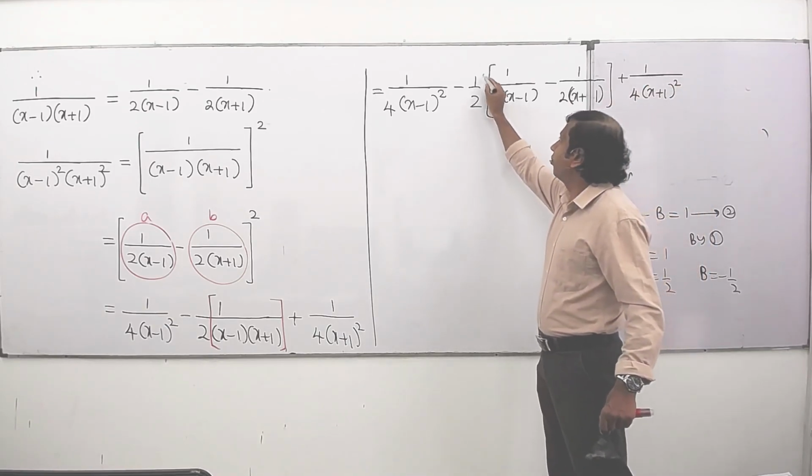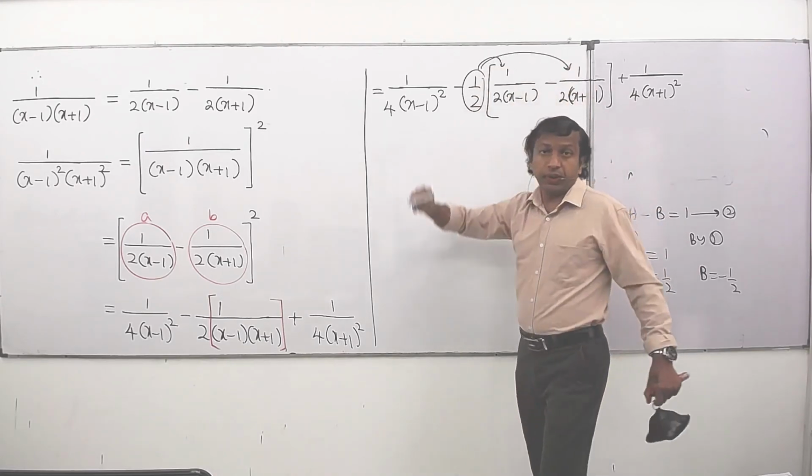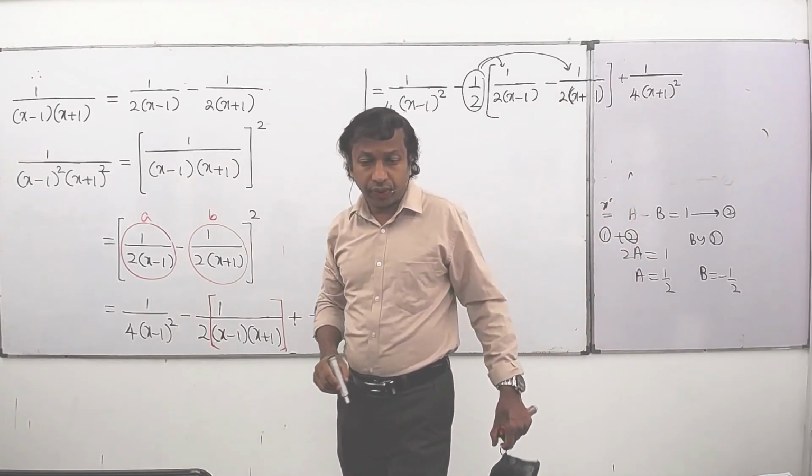Now by this half we have to multiply this and this both. Then you get the partial fraction of the required part.